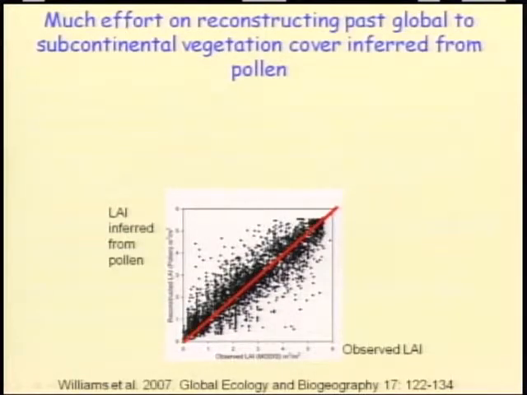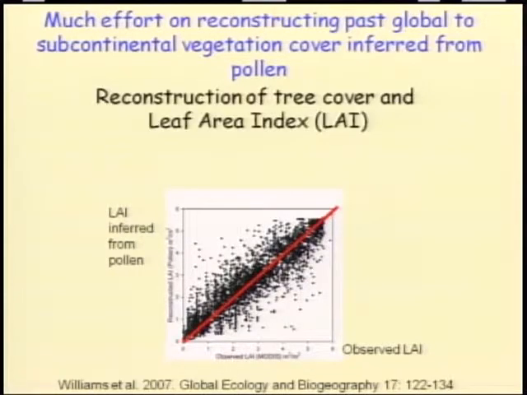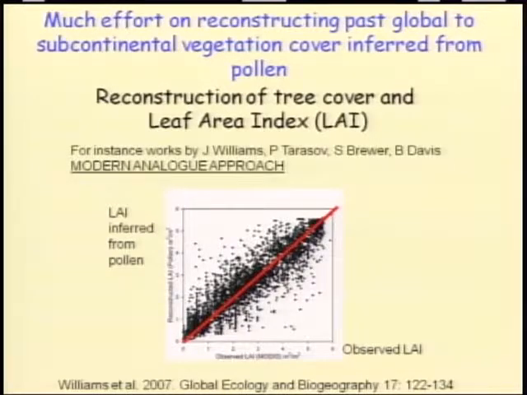There has been much effort on reconstructing past global to subcontinental vegetation cover inferred from pollen, especially reconstruction of tree cover, not including the open land, and leaf area index. For instance, the works by Williams, Tarasov, Brewer, and Davis, based mainly on the modern analog approach.